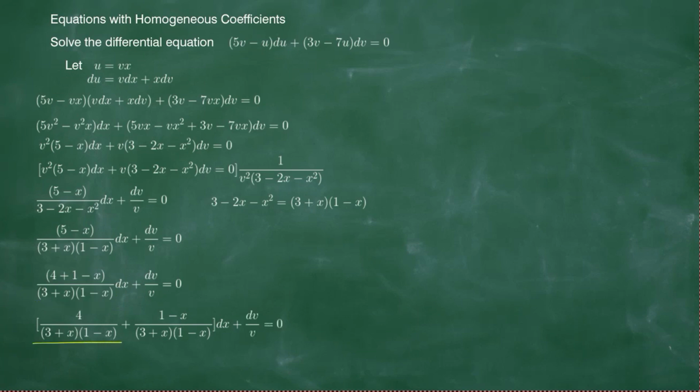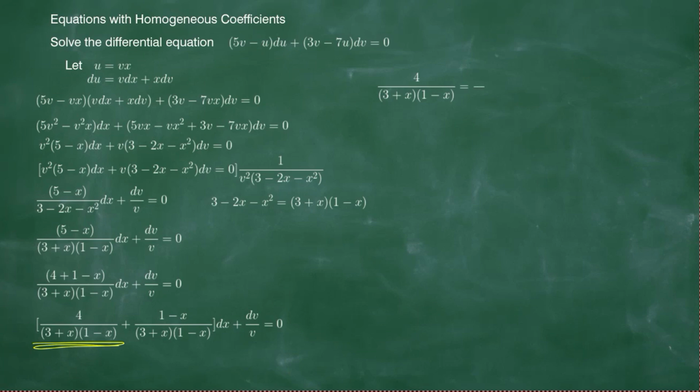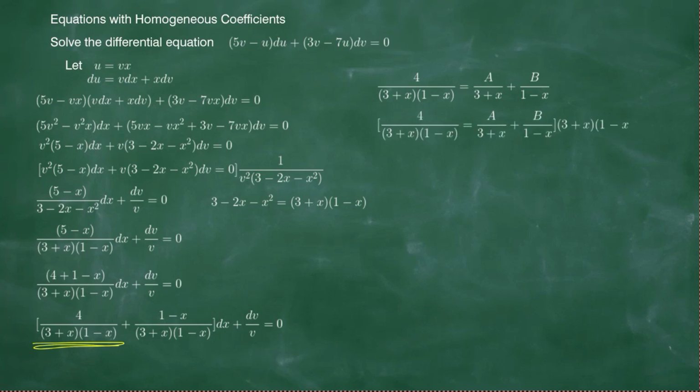Then, for this term, we are going to decompose that into partial fractions. 4 over (3 + x)(1 - x) will be just the sum of two fractions, one with denominator 3 + x, the other one 1 - x. But we do not know the numerators first, so we'll just call them A and B. And then we will multiply everything by (3 + x)(1 - x), and then we will have 4 = A(1 - x) + B(3 + x).